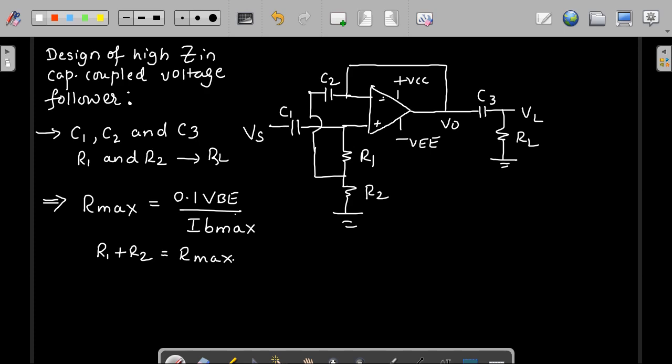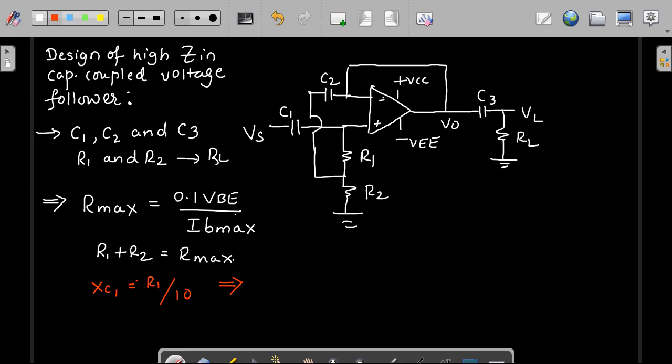So whatever expression we had taken earlier for the conventional capacitor coupled voltage follower design, the same thing holds good. So what I take here is XC1 equals R1 divided by 10.